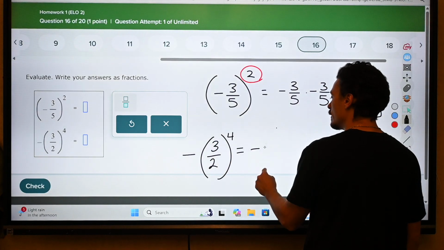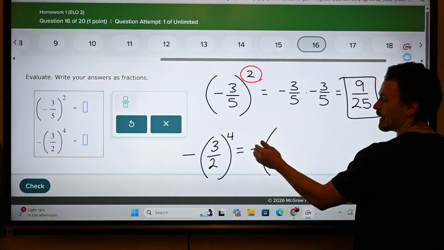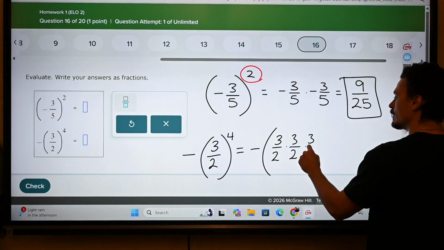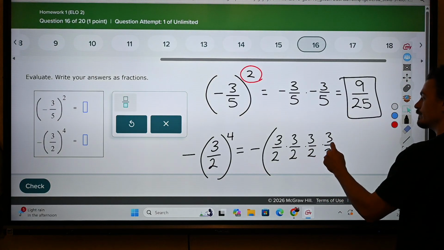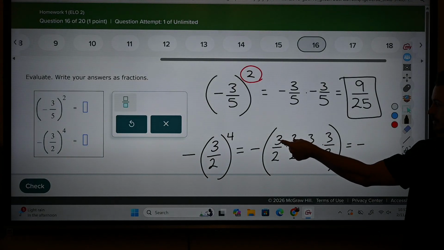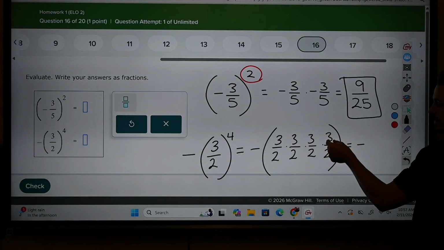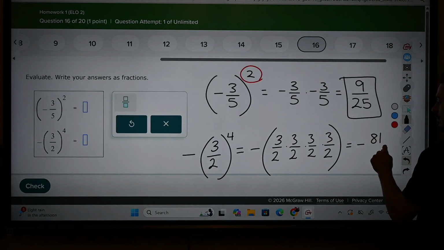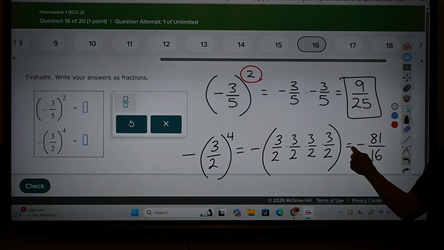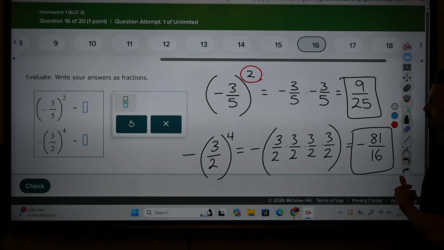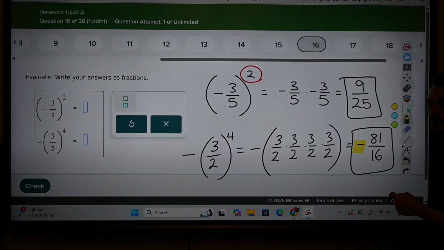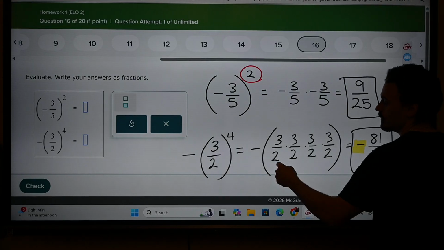So that's going to equal negative on the outside, 3 over 2 times 3 over 2 times 3 over 2 times 3 over 2, which is equal to negative 3 times 3 is 9, 27, 81, over 2 times 2 is 4, times 2 is 8, times 2 is 16. Notice how my negative symbol on this one stays with the answer, because it's on the outside.